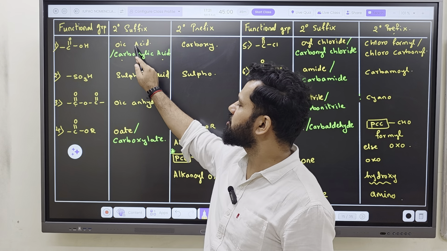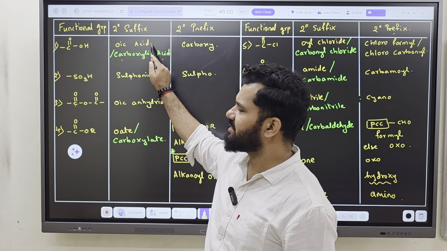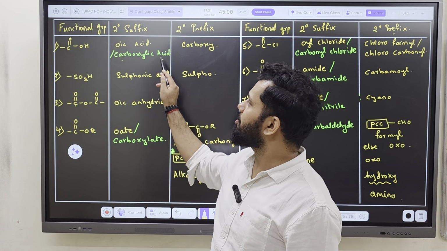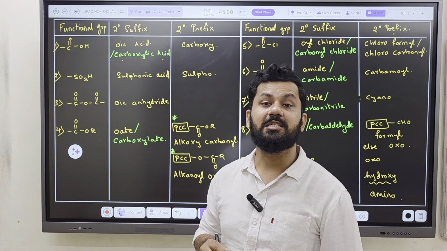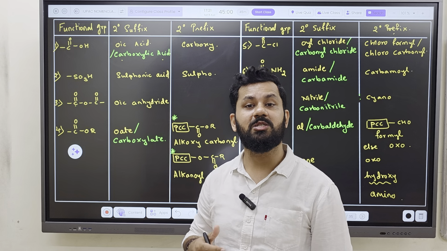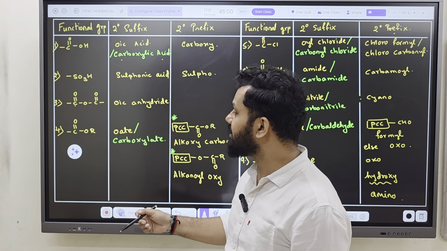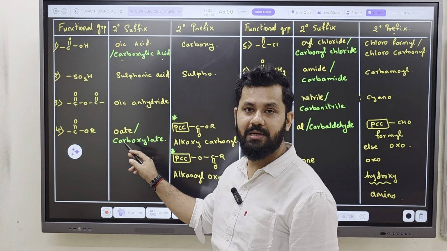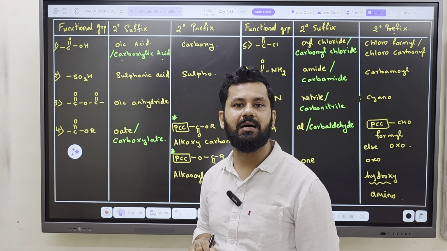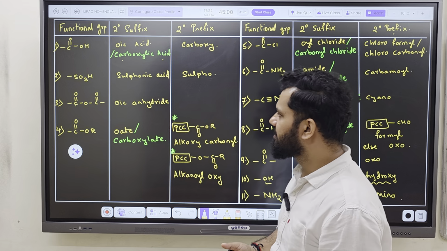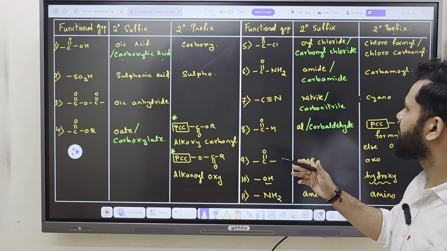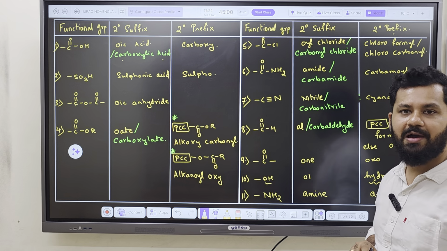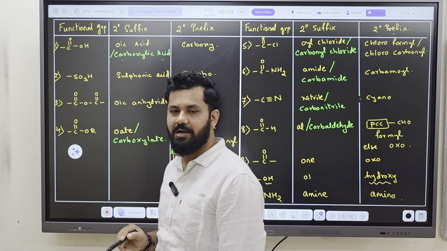Carboxylic acid has two suffixes: oic acid, which is most commonly used, and carboxylic acid, which is a special suffix used in special cases. Likewise, even for esters, the common suffix is oate and carboxylate is the special suffix. There are various others which have a special suffix, all of which I have written in green font.